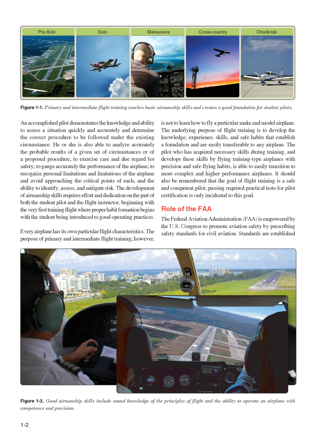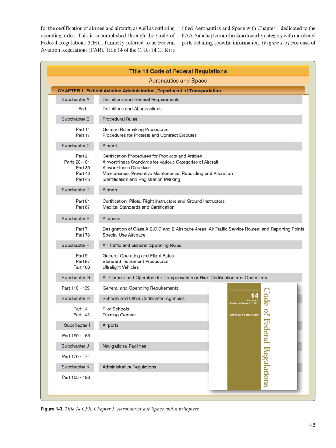Role of the FAA. The Federal Aviation Administration, FAA, is empowered by the U.S. Congress to promote aviation safety by prescribing safety standards for civil aviation. Standards are established for the certification of airmen and aircraft, as well as outlining operating rules. This is accomplished through the Code of Federal Regulations, CFR, formerly referred to as Federal Aviation Regulations, FAR.